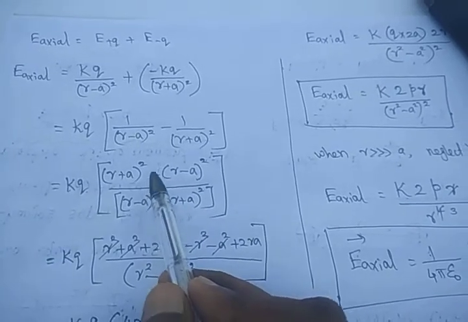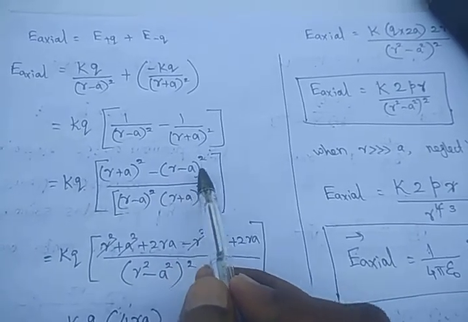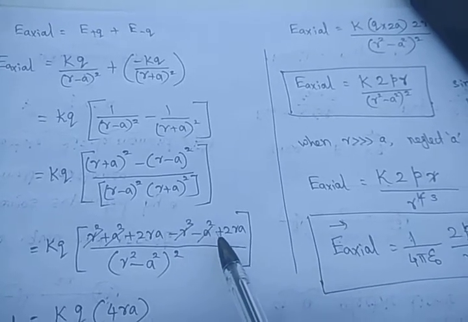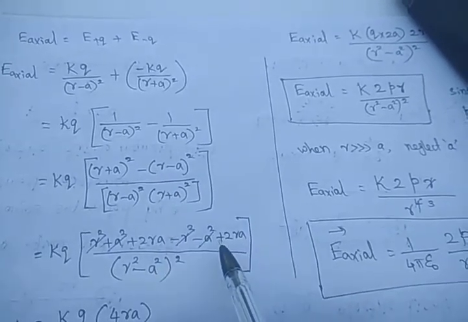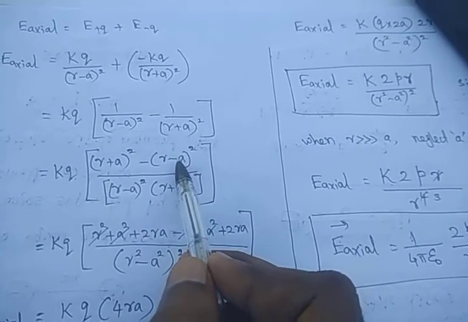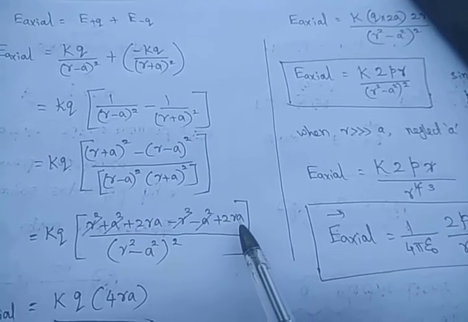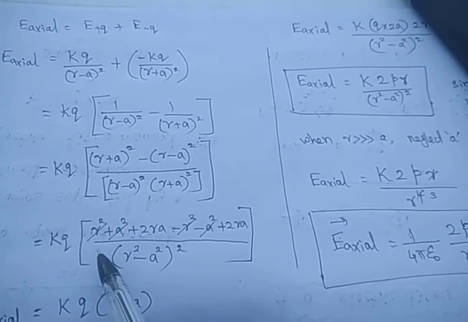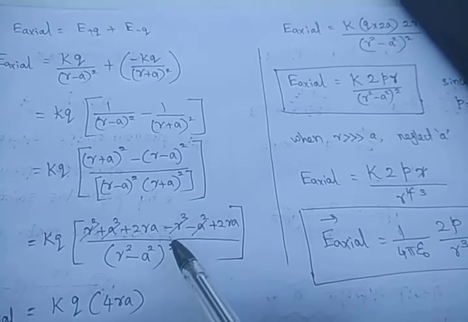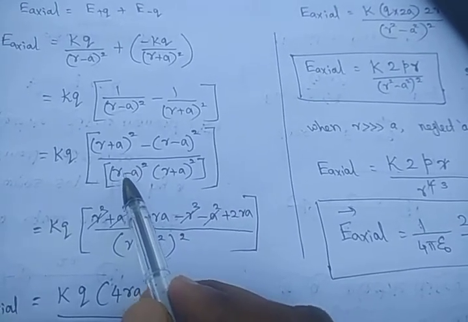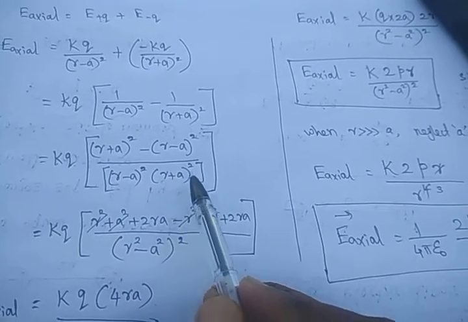Then I will bring this negative sign inside the (a minus b) the whole square. Hence we get minus r square minus a square. So by formula we get only minus 2ra, but by including this minus sign inside this formula we get plus 2ra. Hence this positive r squared and plus a squared is cancelled with the minus r squared and minus a square. In the denominator, this is (r minus a) the whole square and (r plus a) the whole square.